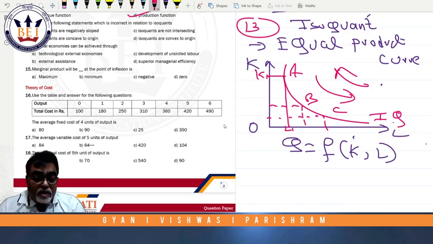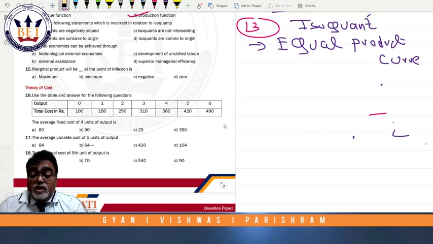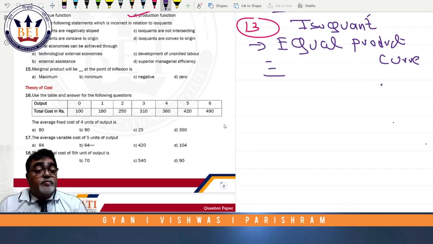Isoquant has four properties. What are the four properties? IQ is negatively sloped. No two IQs intersect each other. Higher IQ exhibits a higher level of output, and IQ is convex for normal inputs. These are the four properties. Now let's see what is happening. Option A, isoquant concave for normal good, not accepted.